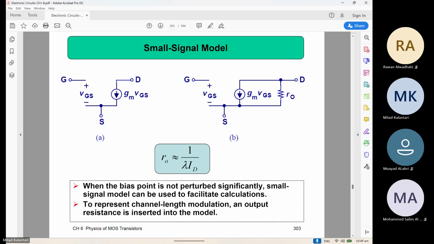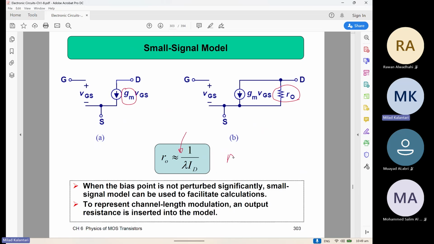On the other hand, we can define the small signal model again, which was based on the gm, which we already saw. And then again, similar to the BJT, it can show a limited R out, right? And the limited R out can be calculated based on this equation.